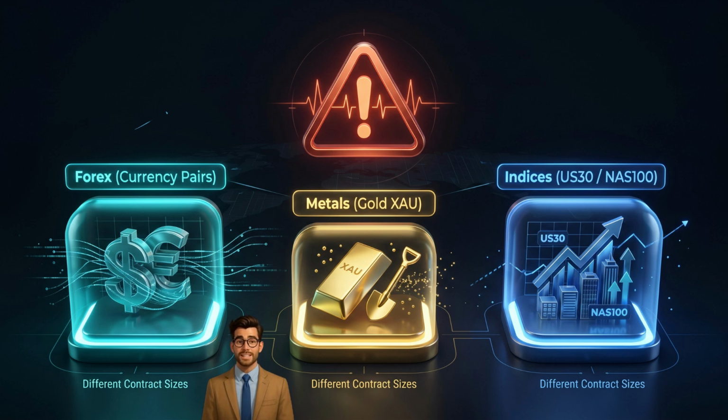If you guess your lot size on volatile indices without a calculator, you can literally blow your account in a single 1-minute candle. Always use an instrument-specific calculator and ideally, test the output on a demo account first to verify your broker's exact contract specifications.